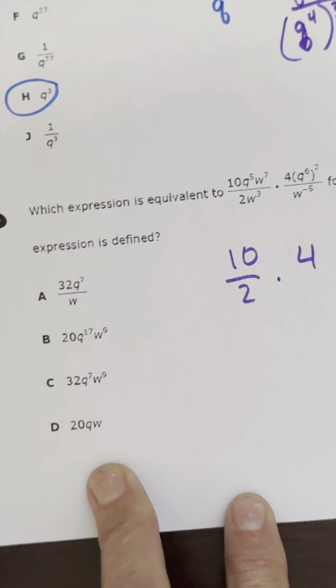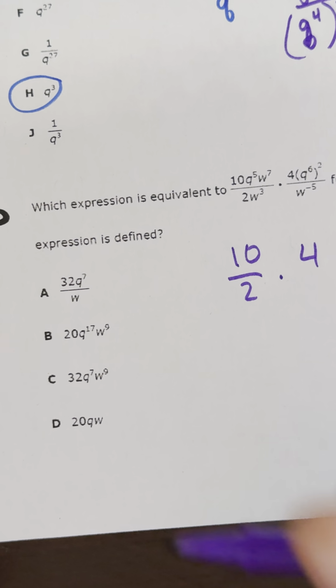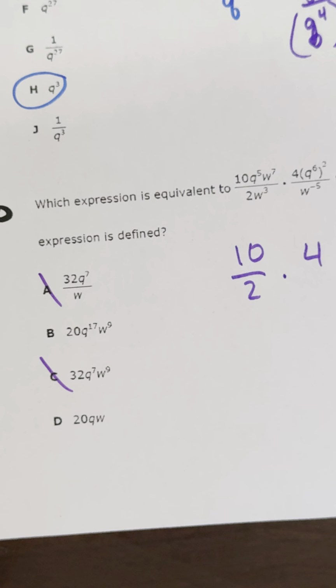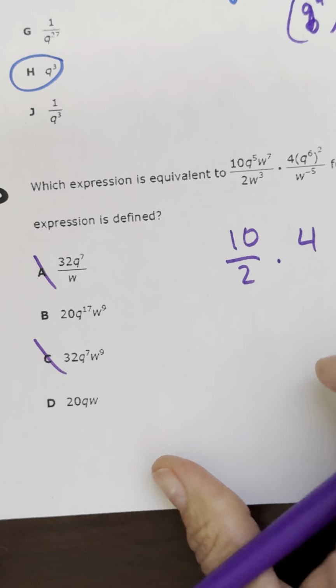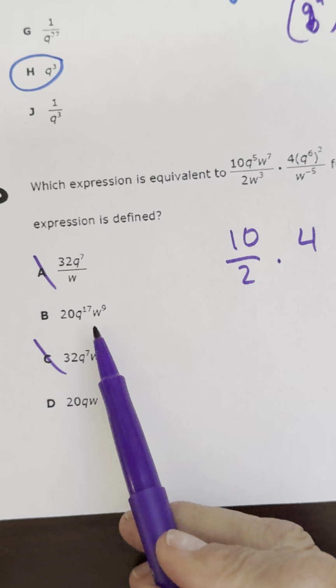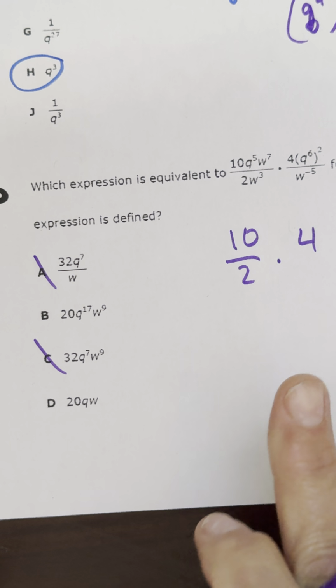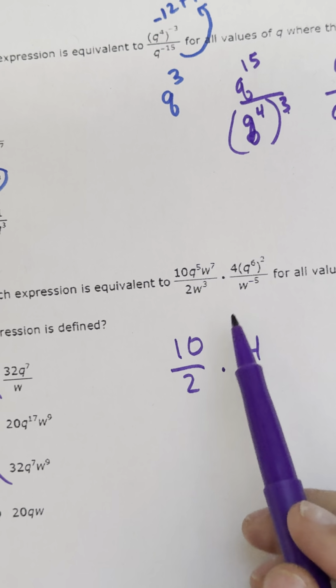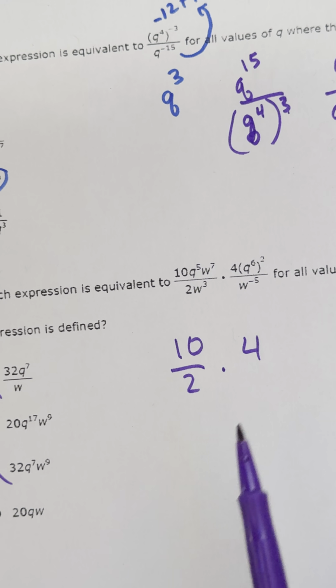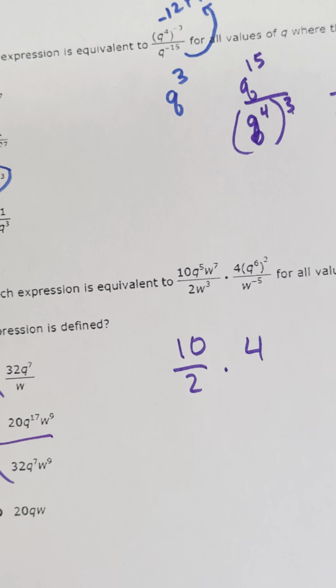So now I can eliminate A and C. So either my q ends up 17 and 9 or 1s. So just by looking at all these numbers, there's no way that's going to reduce to 1. So my guess is B. So you don't have to do all of the letters. You can pick one.